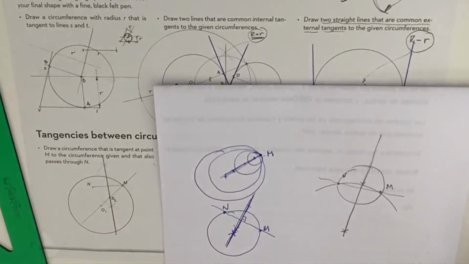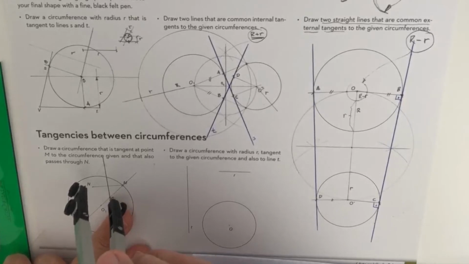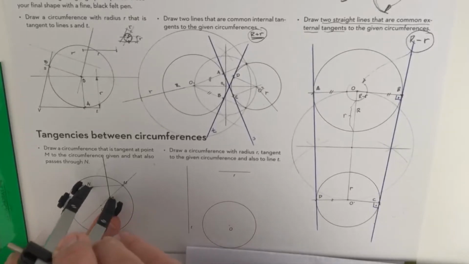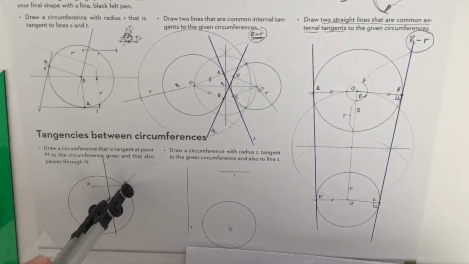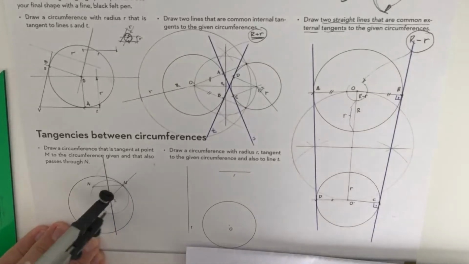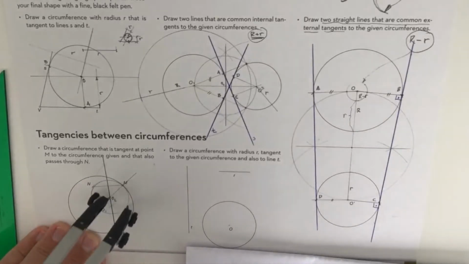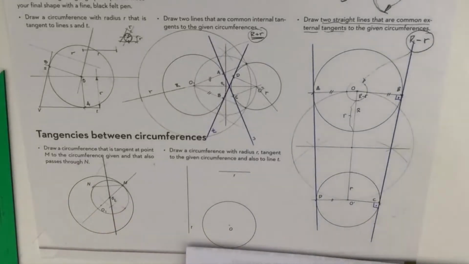O2 is the center of a circumference that goes through N and M and is tangent to the previous circumference given. Okay, we adjust the compass and we can now draw this circumference.